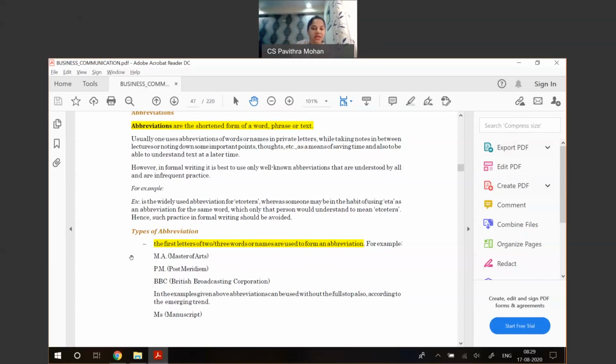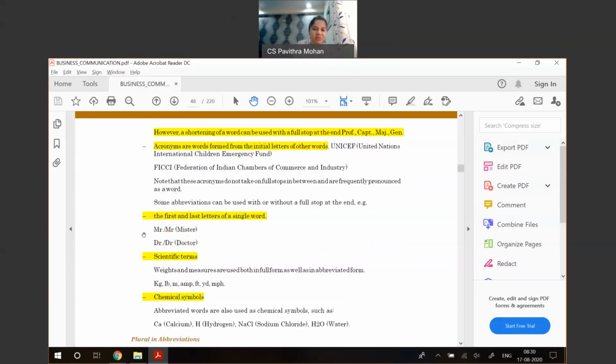In case of any degrees or abbreviations, it can be BBC, British Broadcasting Corporation, or MS meaning manuscript. Or it can be acronyms, which are words formed by initial letters of other words, like UNICEF, United Nations International Children's Emergency Fund, or ICICI, IDBI, HDFC, GST.